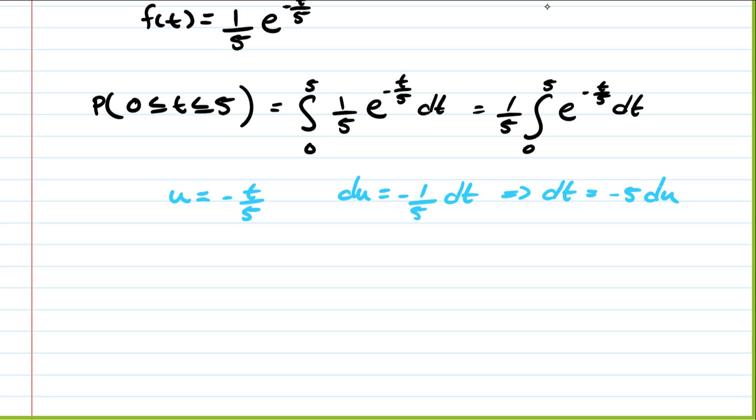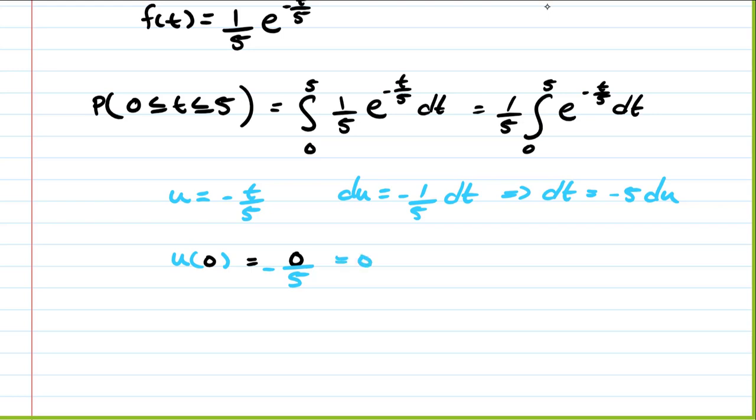So u of 0 is going to equal negative 0 over 5, which is 0.